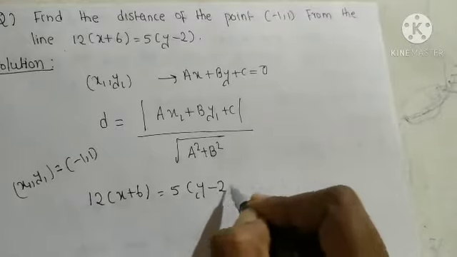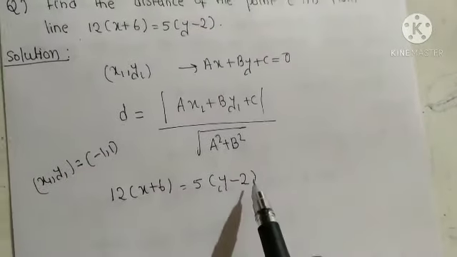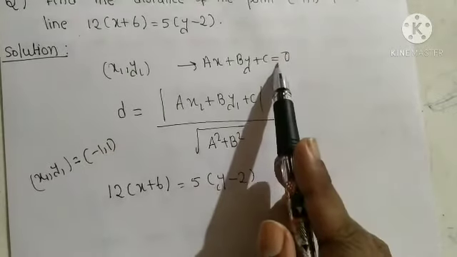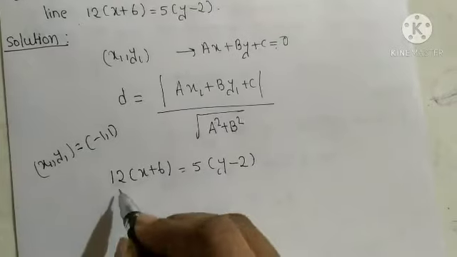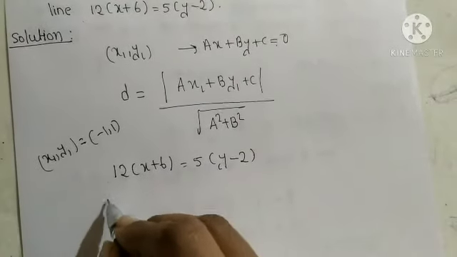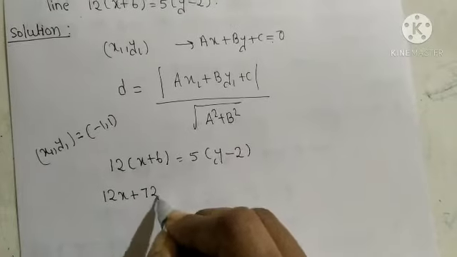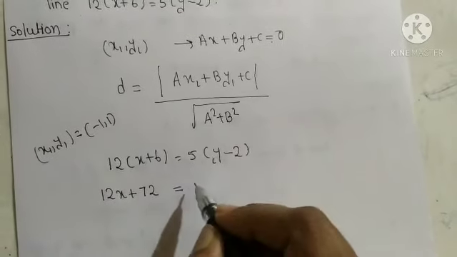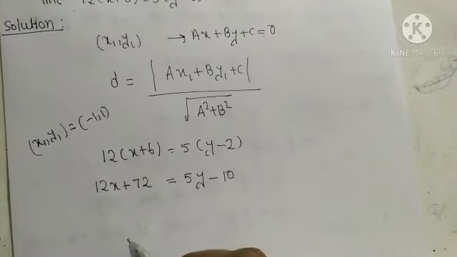The equation of the line given is 12 into x plus 6 equal to 5 into y minus 2. So first of all we need to convert this given equation of a line into the general equation of a line. For that I am going to open this bracket, we get 12x plus 12 into 6 will become 72 is equal to 5y minus 10. Okay.